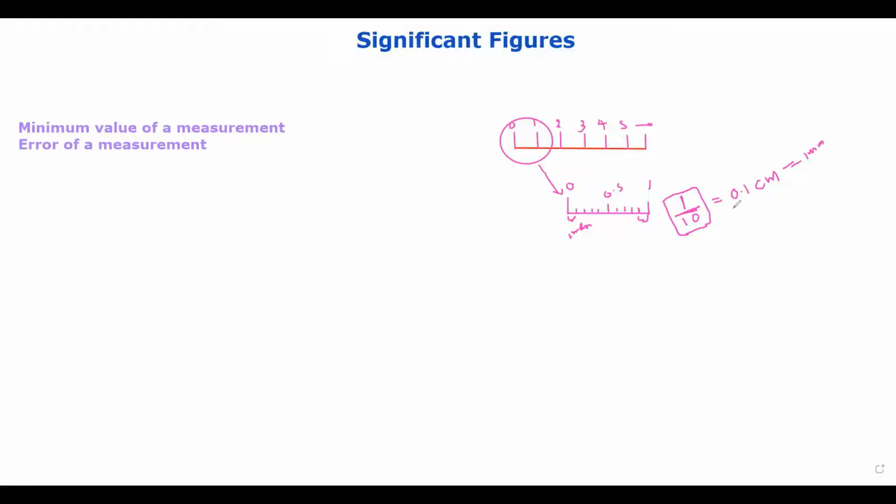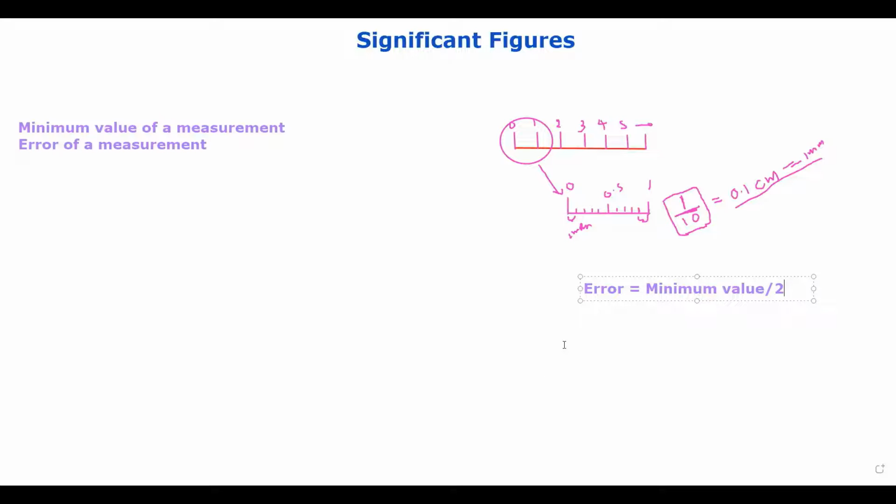That's the minimum value. So what is the error? Error is not the same as minimum value. To get the error of a particular measurement, there is a very common equation: error is equal to the minimum value divided by 2.